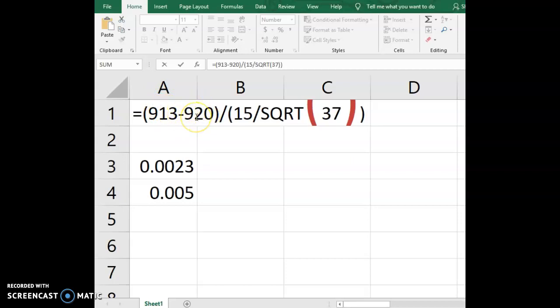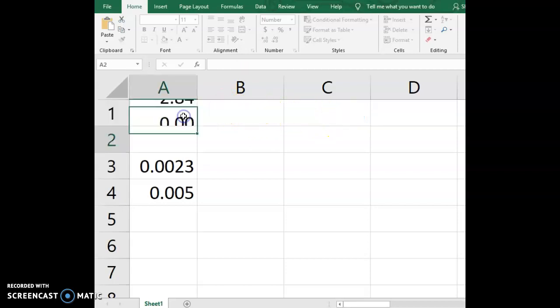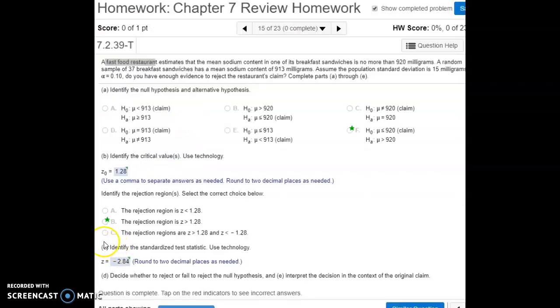That is the top part of the fraction. And on the bottom, we have the population standard deviation divided by the square root of the sample size. And doing that calculation, it gives us our standardized test statistic. That's actually part C here.